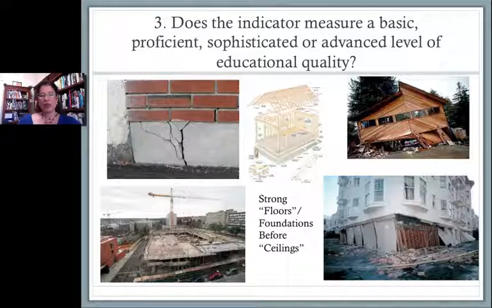It's kind of like building a house. If you have a weak foundation, poor floors, if you haven't reached those minimum indicators, or minimum standards that are pointing towards educational quality, it really makes no sense to try to build beautiful windows and ceilings, because those windows and ceilings might be around there and you can invest a lot into them, but it's not sustainable. It's not a long-term process for actually choosing indicators.